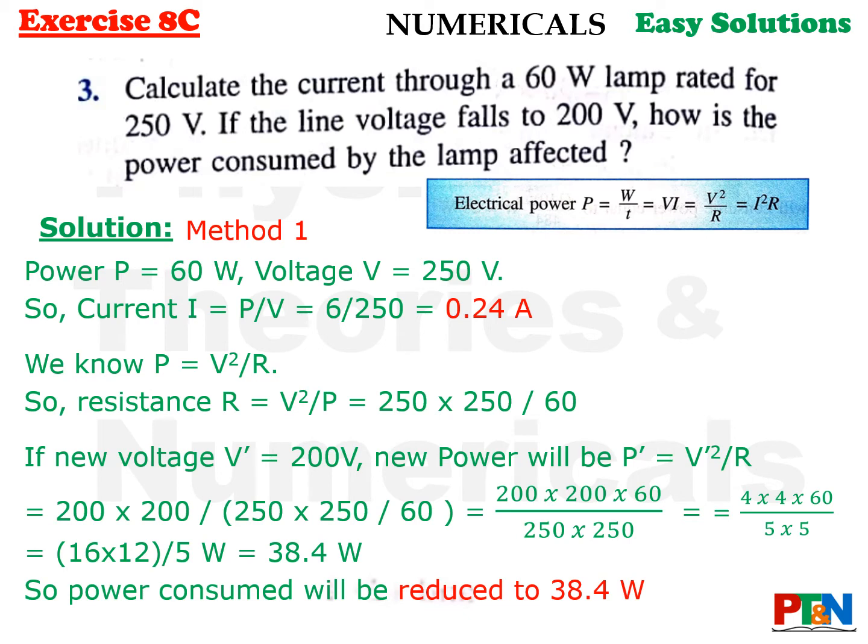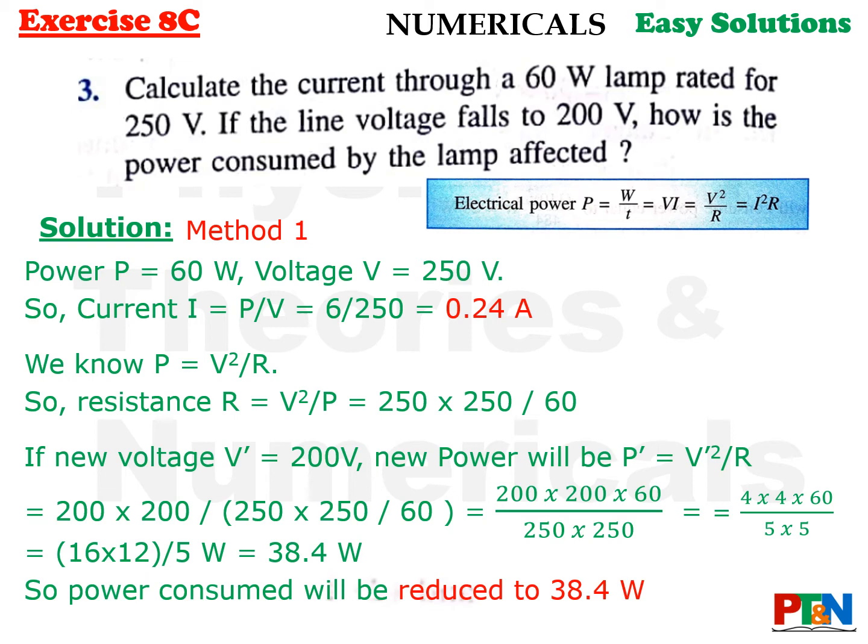Also we know power is V square by R, so you get the value of R as V square by P, that is 250 into 250 by 60. So you got the resistance. Now if the voltage changes to V dash, which is 200 volt, the new power P dash will be V dash square by R. So that will be 200 into 200 into 60 by 250 into 250.